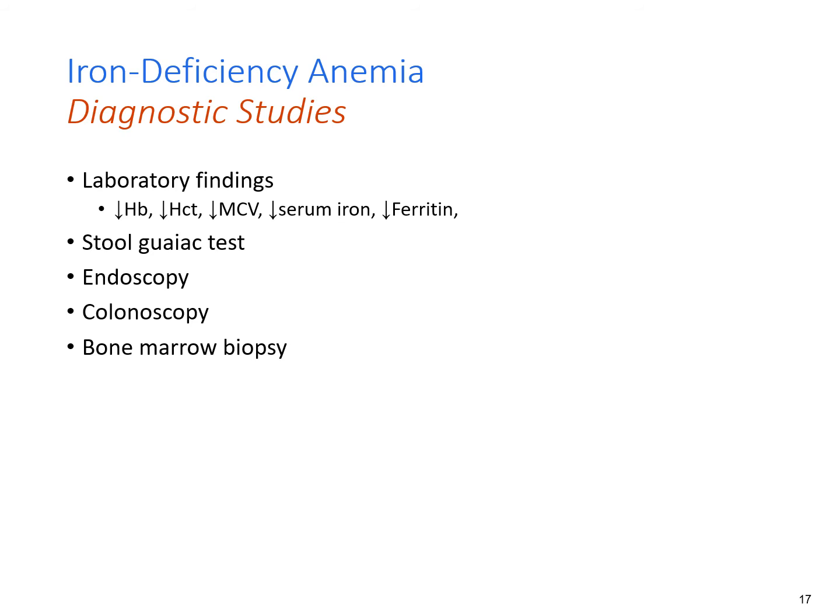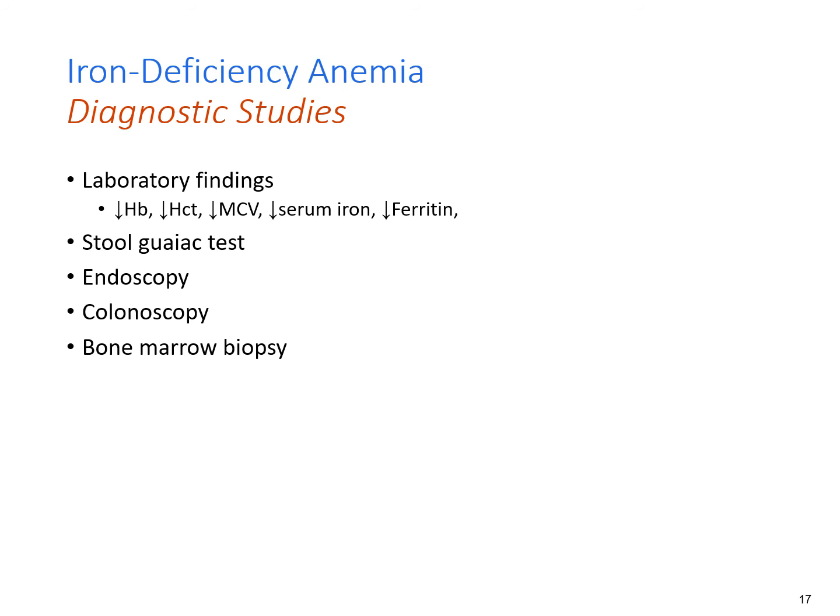If you don't have enough iron, your serum iron levels are going to be decreased. If you don't have enough iron stores, like extra iron, your ferritin levels are going to be decreased as well. Ferritin is your extra iron stores that you would need for whatever reason, so if your stores are decreased, you're going to have decreased ferritin levels.